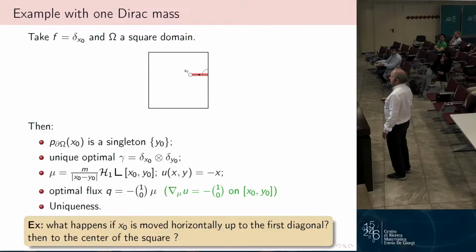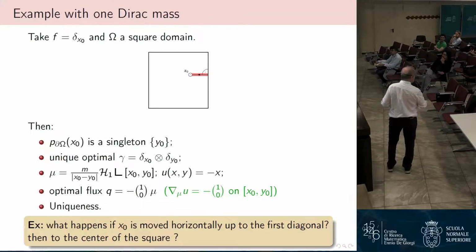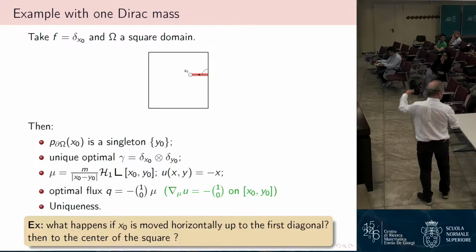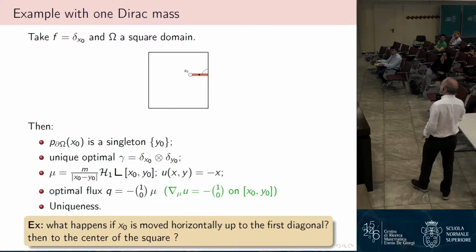Now, if you move x0 horizontally to the diagonal, you will have two projections. In that case, you have infinitely many solutions, which are combinations of one-dimensional measures on vertical and horizontal lines.